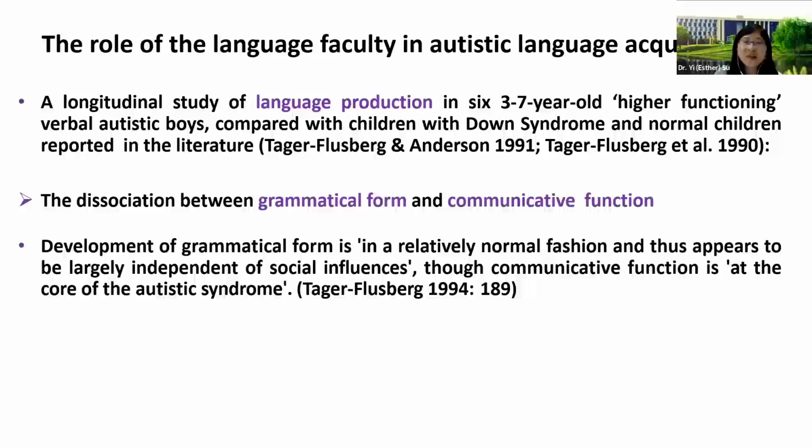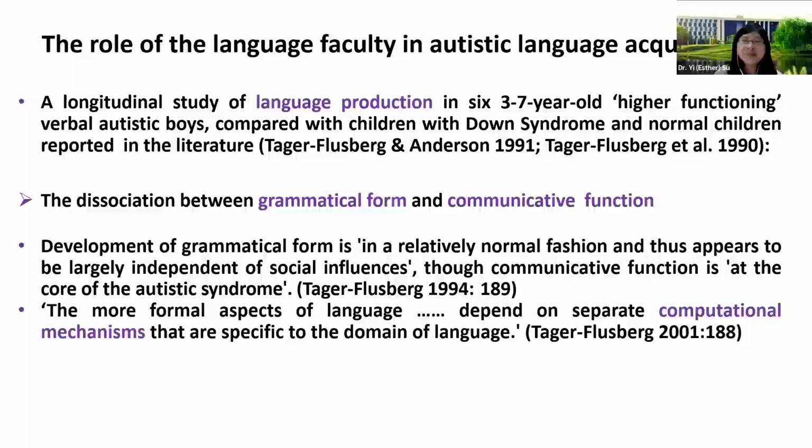Professor Tager-Flusberg mentioned that the development of grammatical form proceeds in a relatively normal fashion and appears to be largely independent of social influences, though communicative function is at the core of the autistic syndrome. She also mentioned that the more formal aspects of language depend on separate computational mechanisms that are specific to the domain of language.